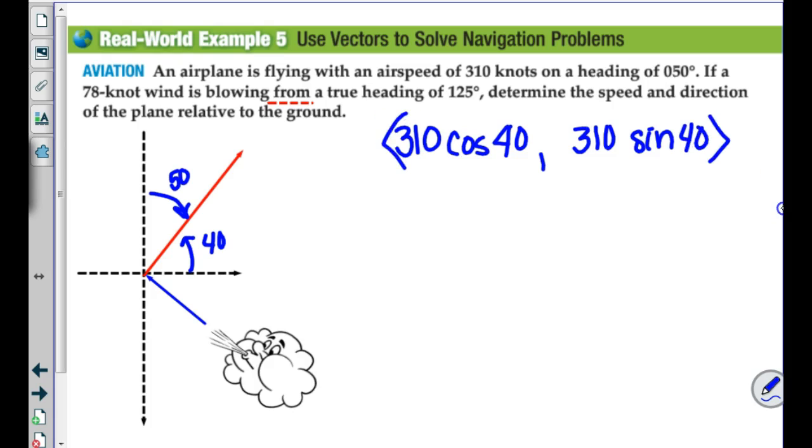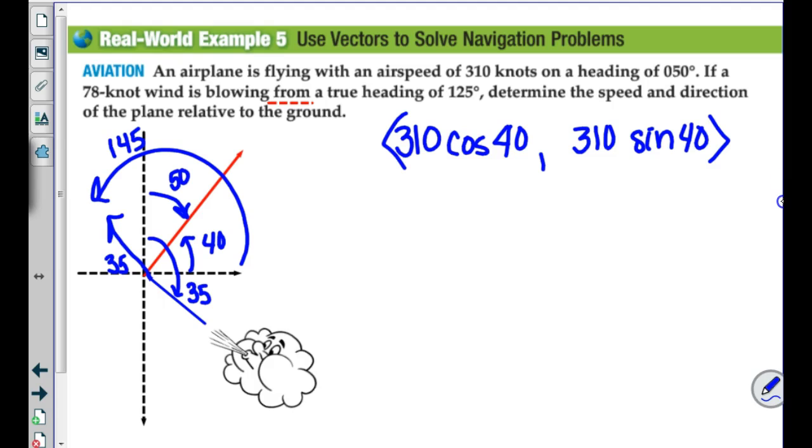All right, and then it says the wind is blowing from a true heading of 125. So it's 125 down this way, but it's actually blowing from there. So it's pushing the plane over here. If this was 125, we do 125 minus 90 and we get 35. We do vertical angles. This is 35. 180 minus 35 is actually 145. Did I do that right?